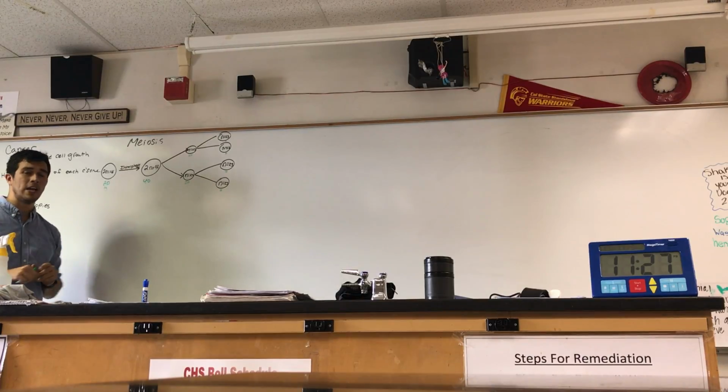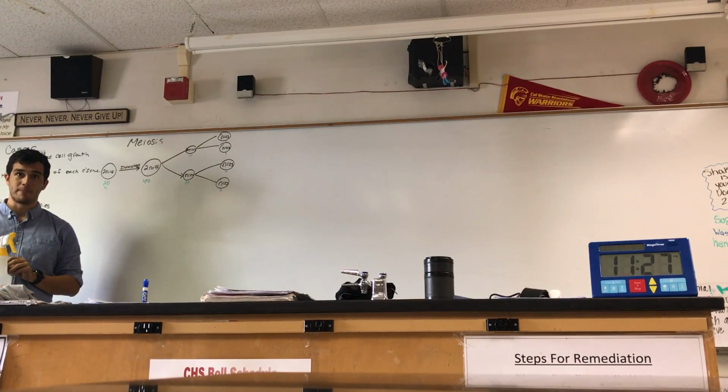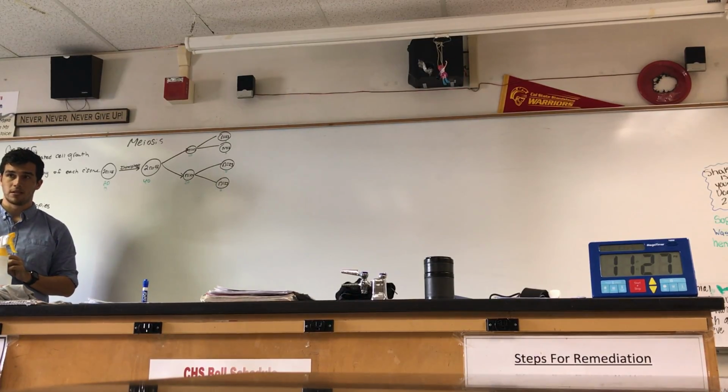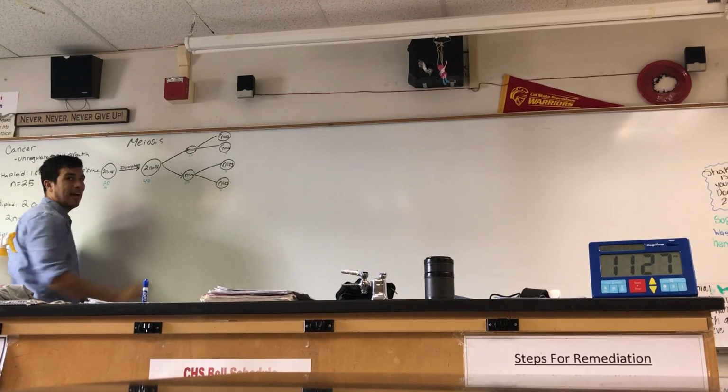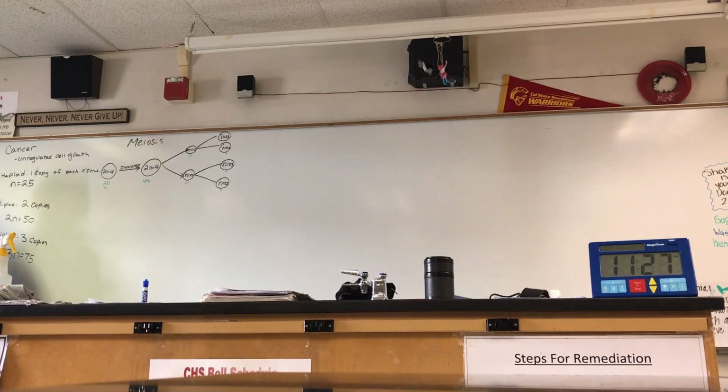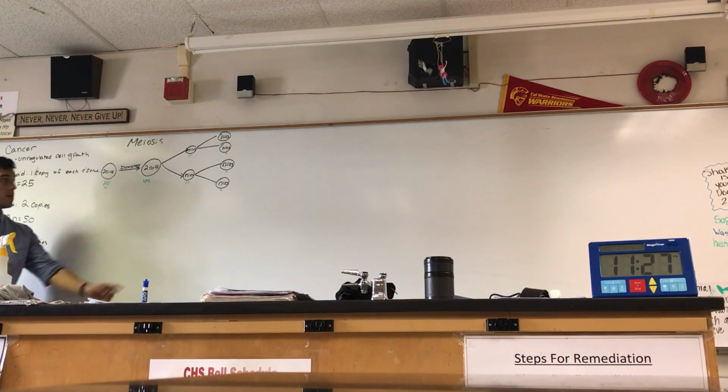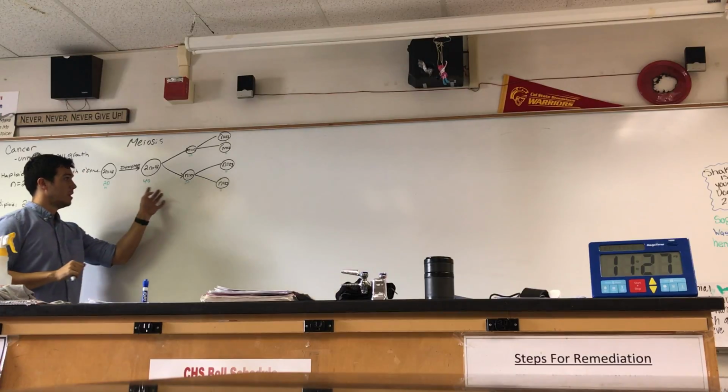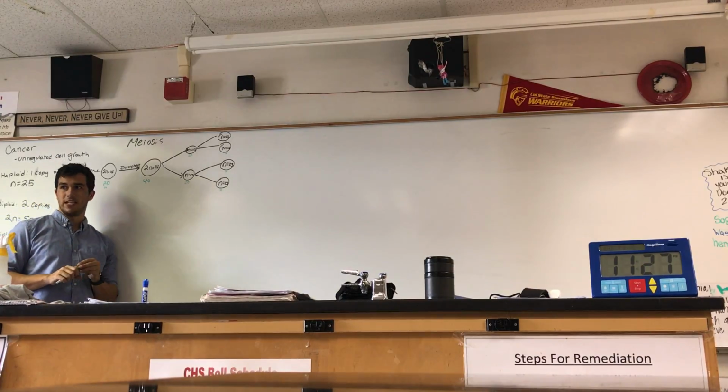Compared to the cell before interphase, how much DNA does it have? That's half the amount. What if I say the end product of meiosis, how many daughter cells and how much DNA does it have compared to the cell after interphase? It has 4 daughter cells and 1/4 the amount of DNA.